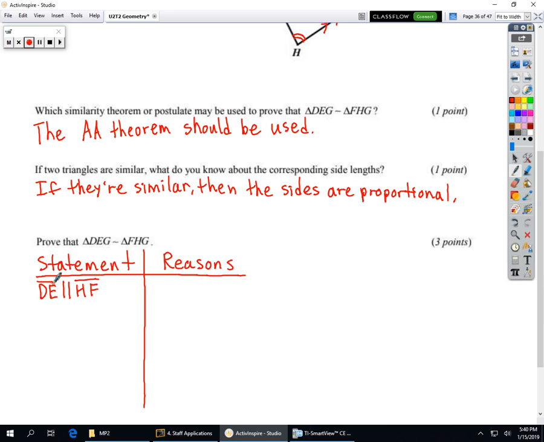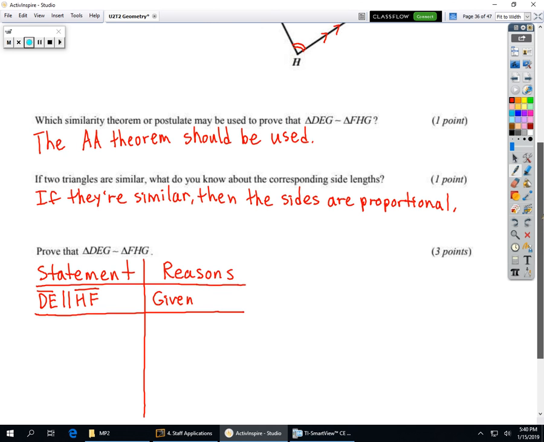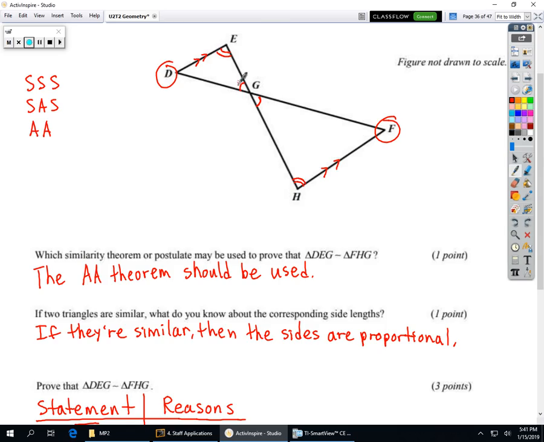That was our first given. After our first given, what's the first thing we marked in the diagram? We marked that these angles were congruent. So what is this called? DGE, FGH.